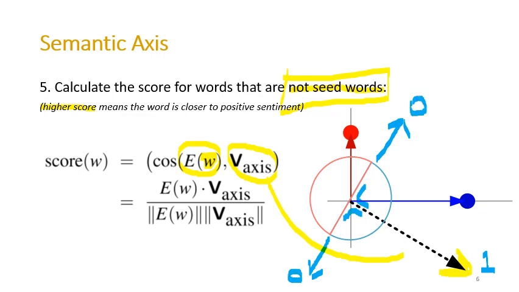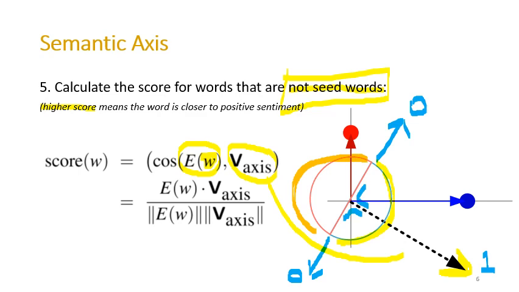So now it means that any word with the embedding that falls into this area will have a positive cosine similarity. And any words that fall into this area will have a negative cosine similarity with the semantic axis.